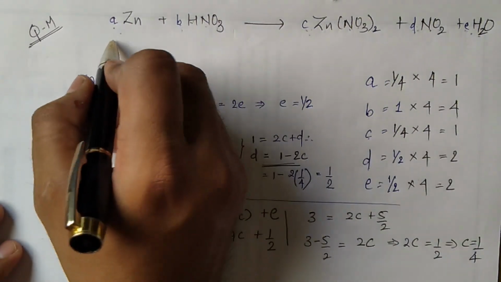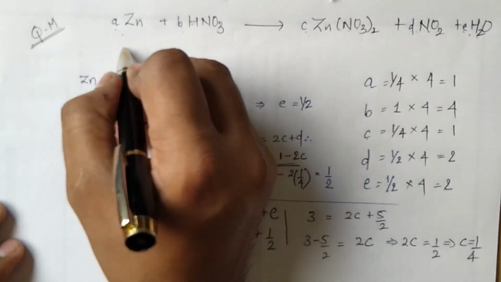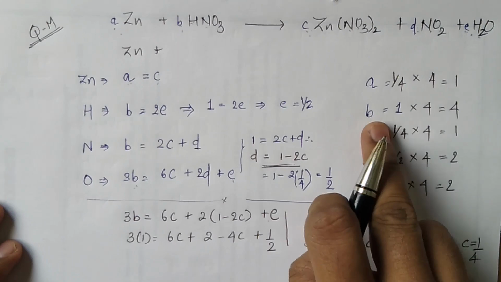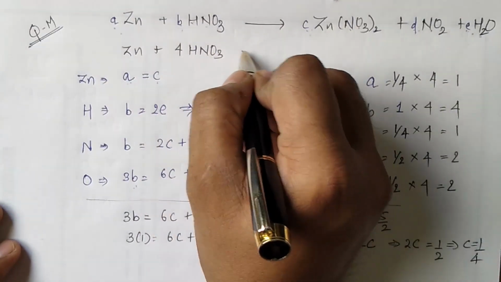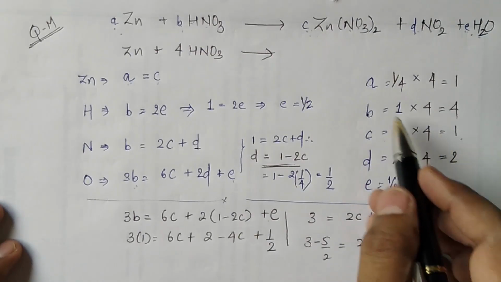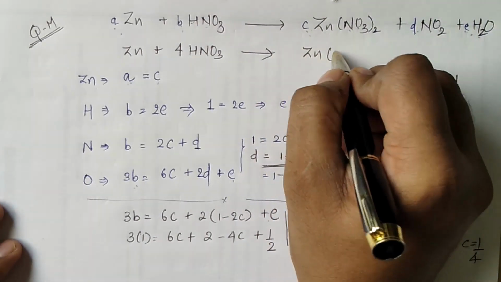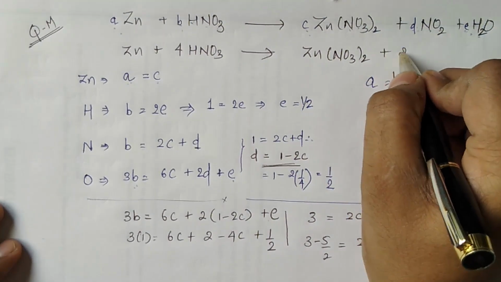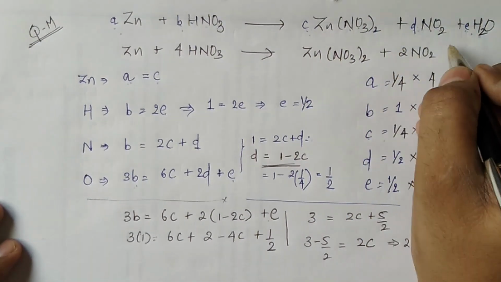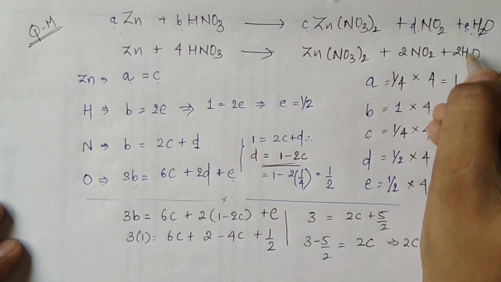So substitute the values. A equal to 1, so let it be Zn, plus B value is 4, so that is 4 HNO3. Gives C value is again equal to 1, I am having Zn(NO3)2. D value is also equal to 2, 2NO2, plus 2H2O.